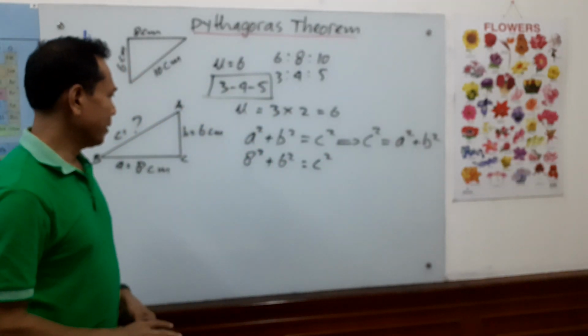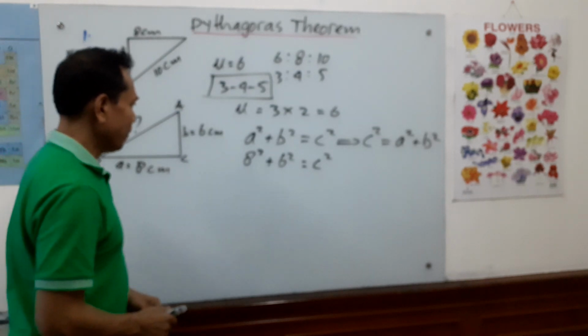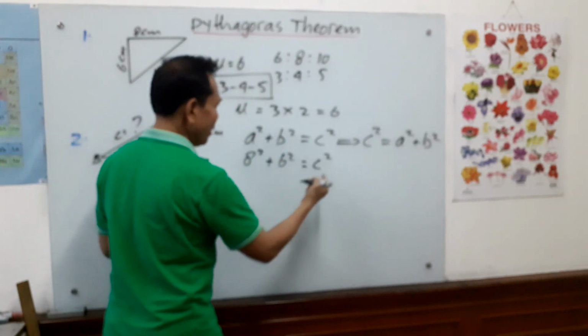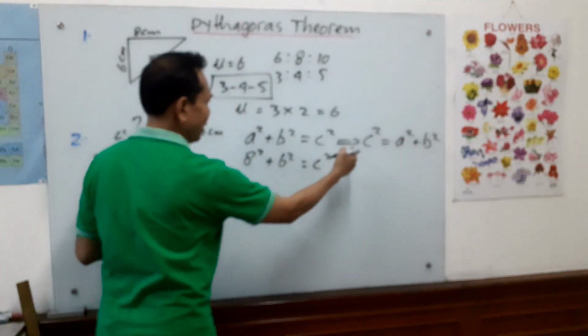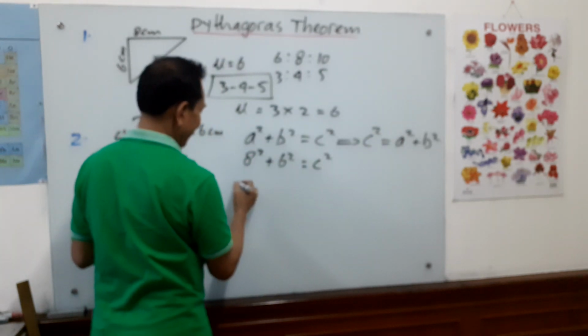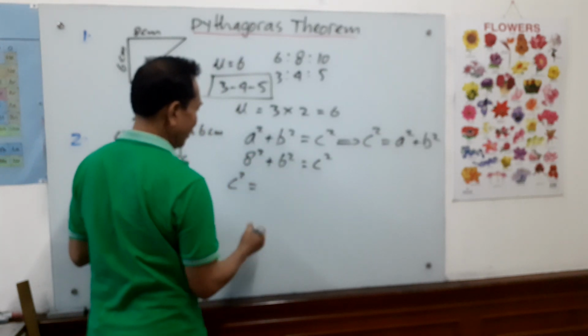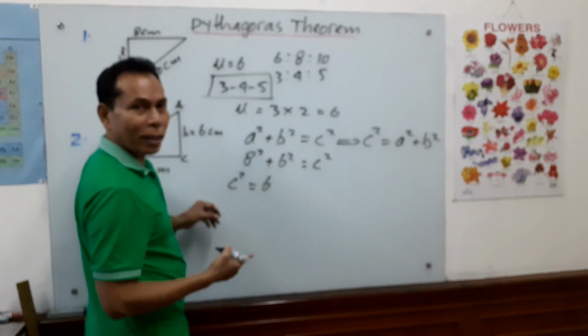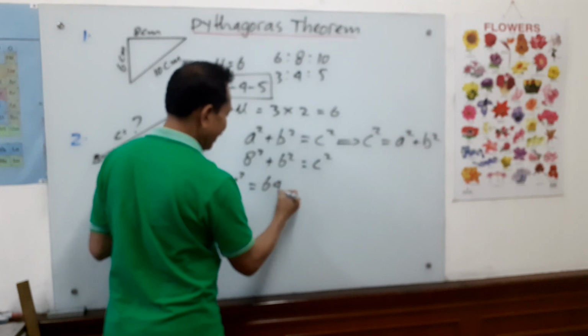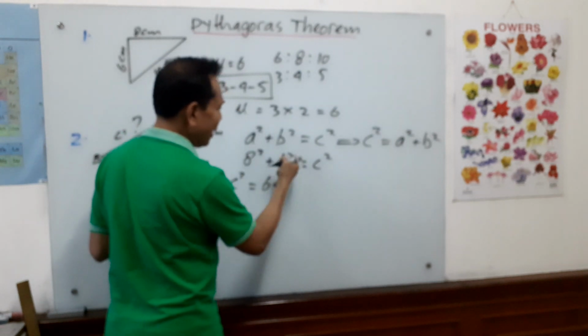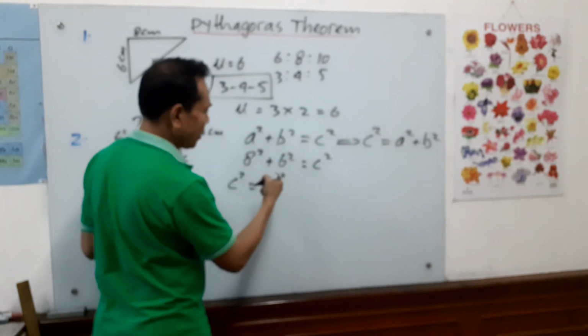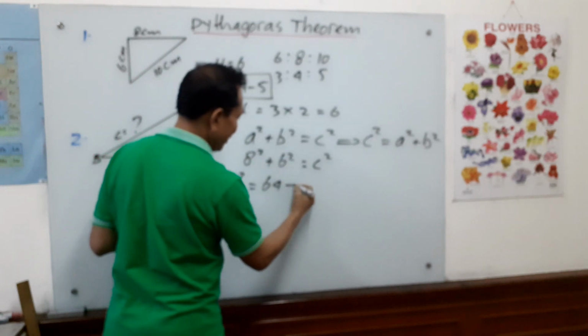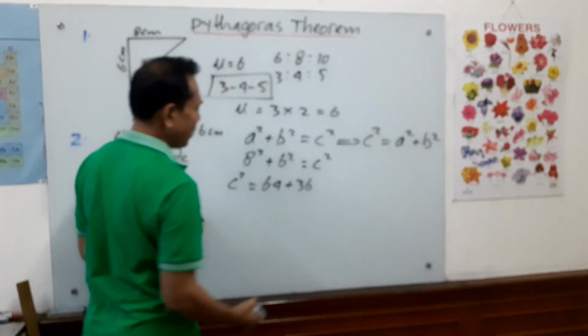Now, if we use this position of the formula, C square equals 8 square, which is 64, 8 times 8 is 64, and 6 square is 36, 6 times 6 is 36.